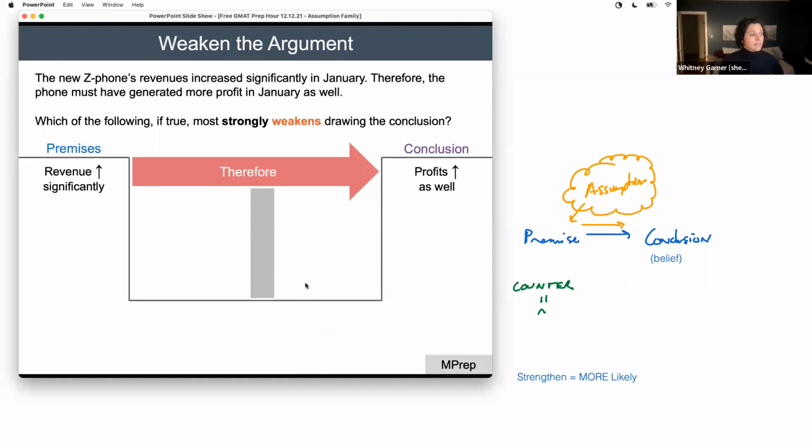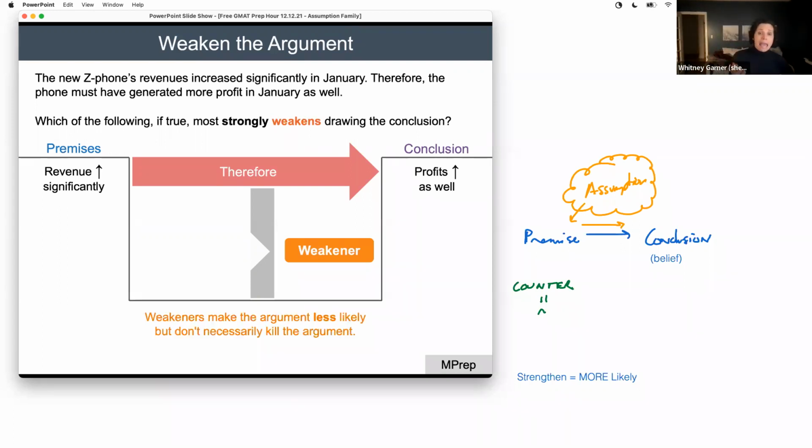A weaken does not have to crush an argument. It just has to look at the sort of bridge, this connecting bridge, and it needs to chip away at one of the supports. It needs to make us feel like this bridge is a lot more weak. It doesn't need to destroy it. Right? A weaken would simply make something seem less likely. In this case, maybe it's that we say costs did rise significantly.